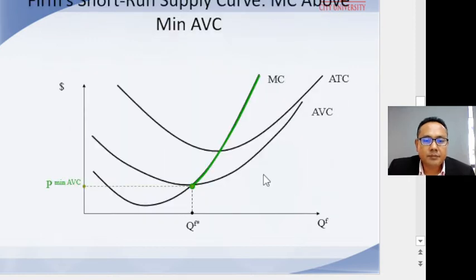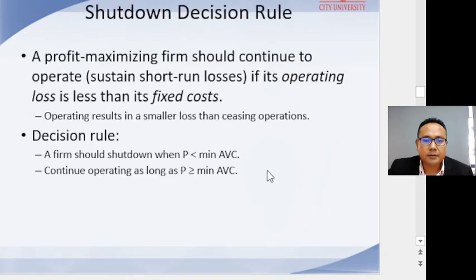Okay, that's the concept for a perfectly competitive market, and how you can maximize your profit through output decision, and then decide whether you have to still run or shut down your production.